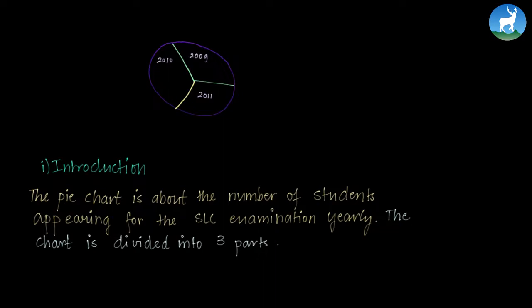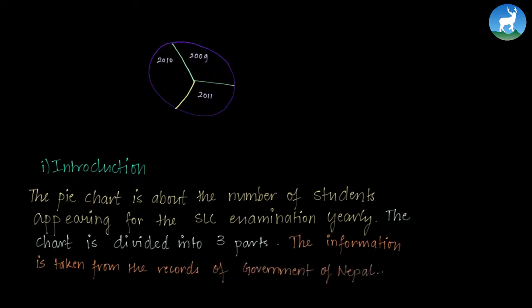The chart is divided into 3 parts. The information is taken from the records of Government of Nepal.